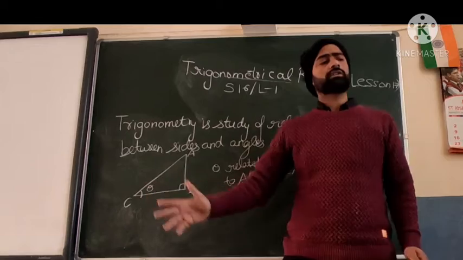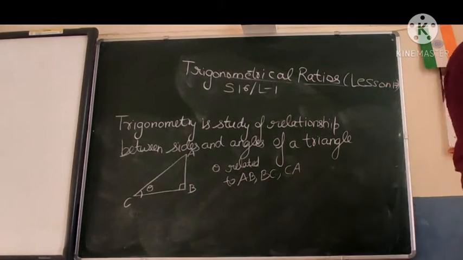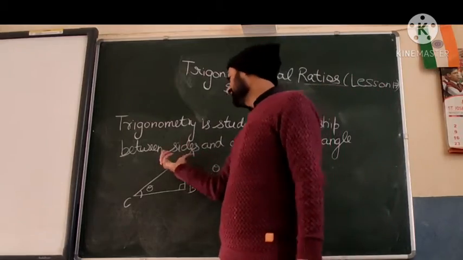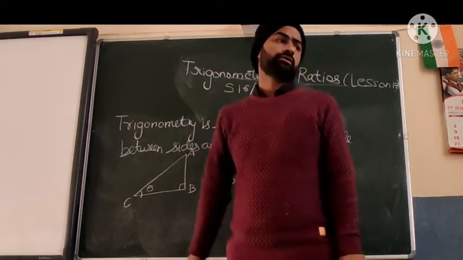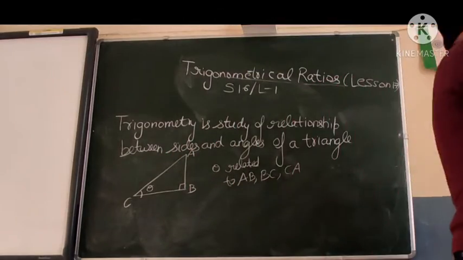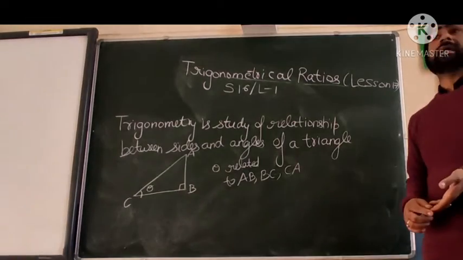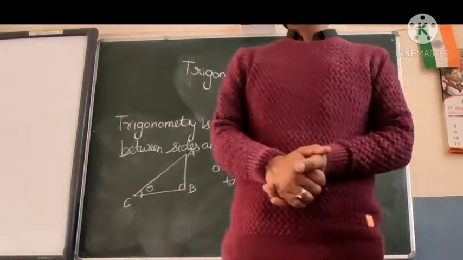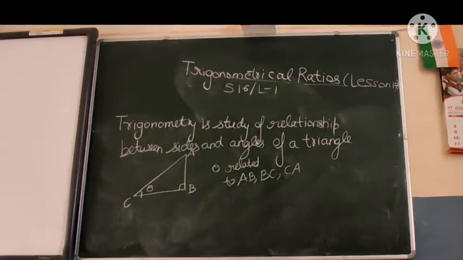So I will again focus on what I have told, that trigonometry is the study of relationship between sides and angles of a triangle. Okay, so all the triangles we will be dealing with here will basically be right angled triangles.